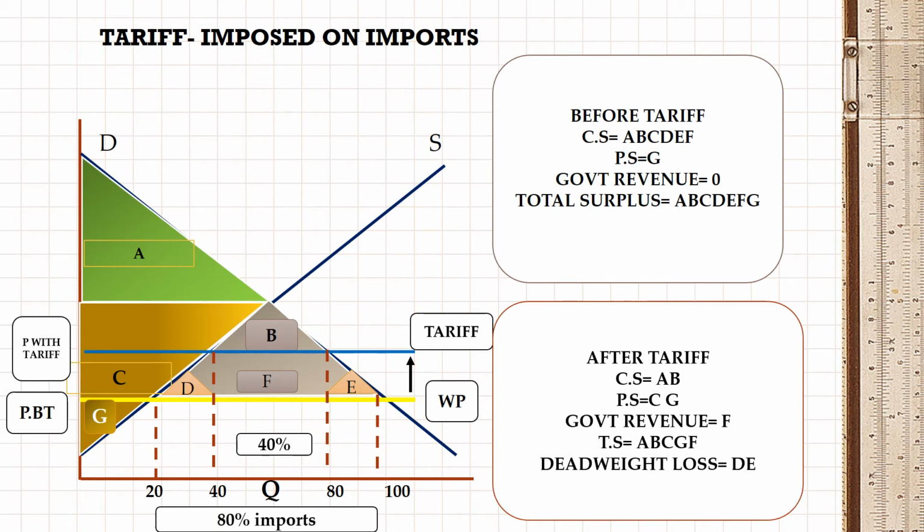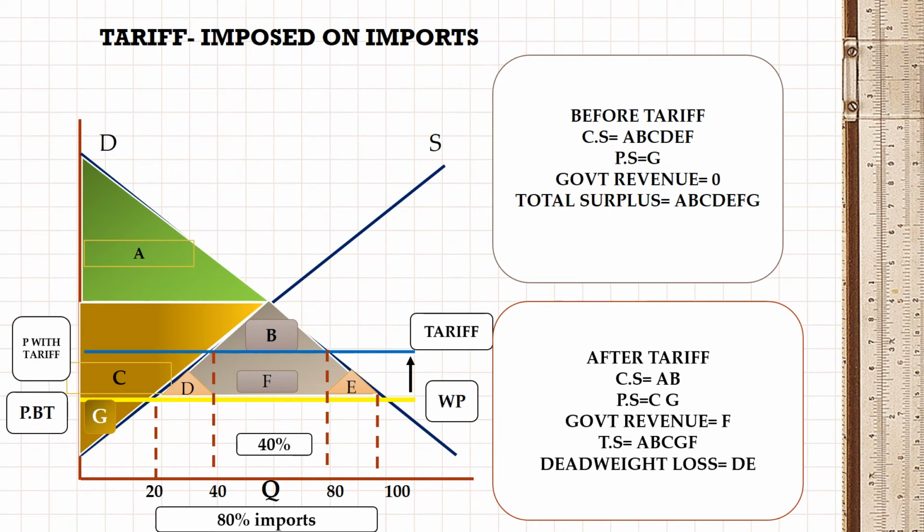But still, we see there is a shortage. So here we will import around 40% only because there is a tax and the price is high. So whenever there is a tariff imposed, the quantity of imports decreases. So they have decreased from 80 to 40%.